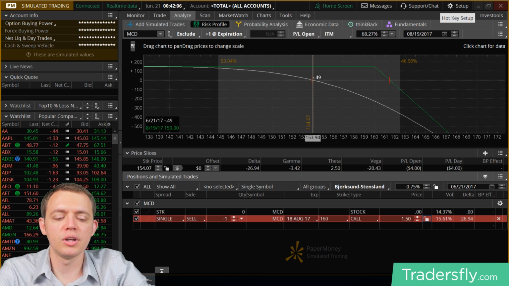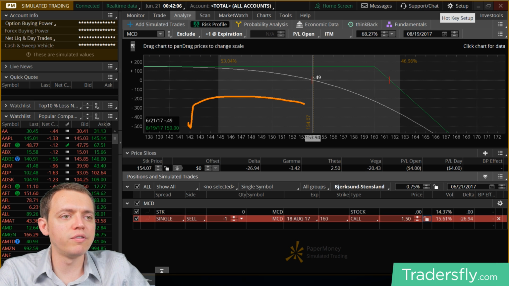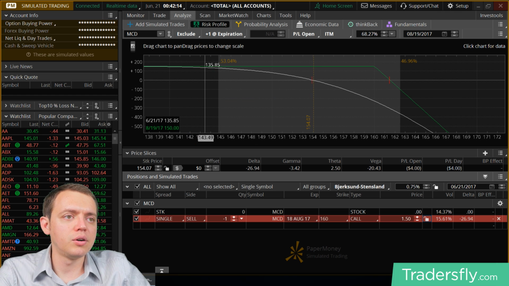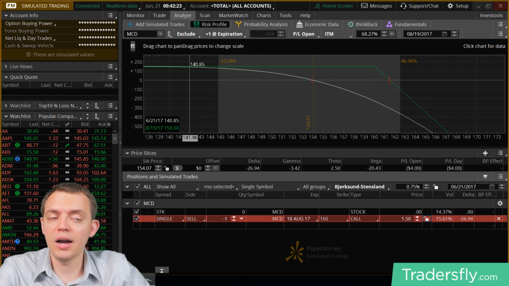Now, if this stock drops to 142 in 2-3 days, you're at a very safe point, right? If it drops to 142, you're at 140 on the white line, which is the today line. And then the rest, you just wait until time expires to make your extra $10.